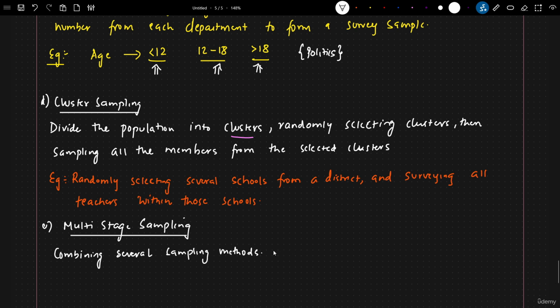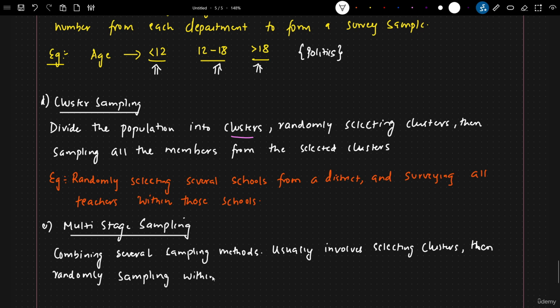Combining several sampling methods usually involves selecting clusters, then randomly sampling within those clusters. So first of all, we'll divide the population into clusters and then randomly select people or objects from that particular cluster.